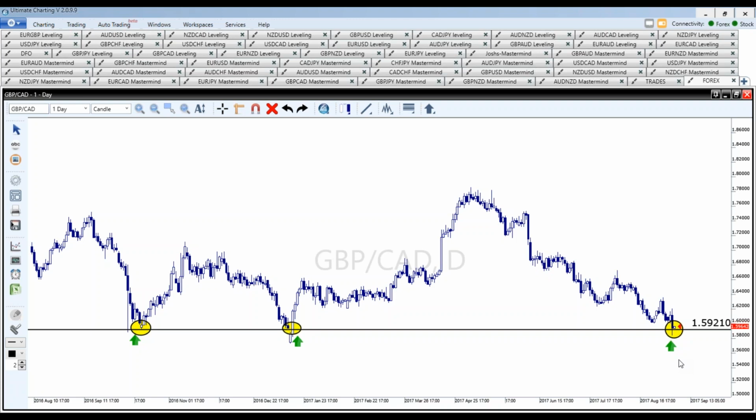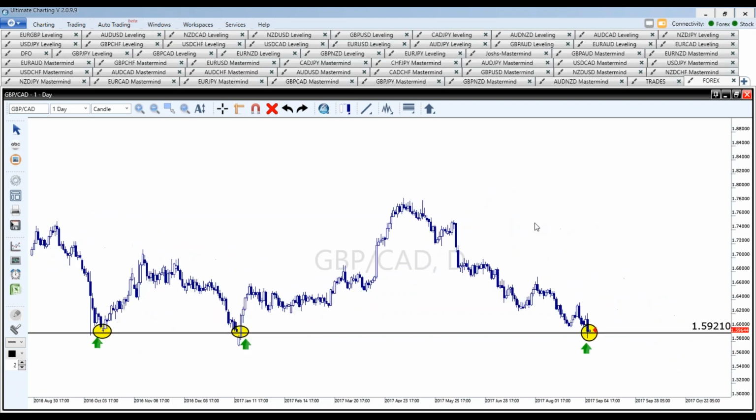Yes. Okay. Now, a couple of things. I like to look for U-turns, and when we look for U-turns, we like to use fibs, support and resistance, as well as trend lines.